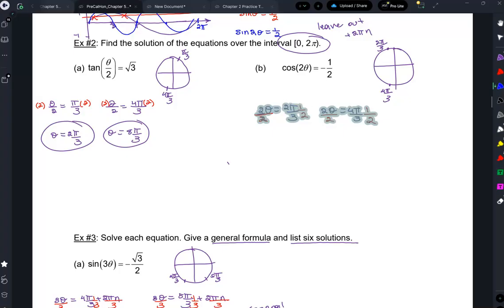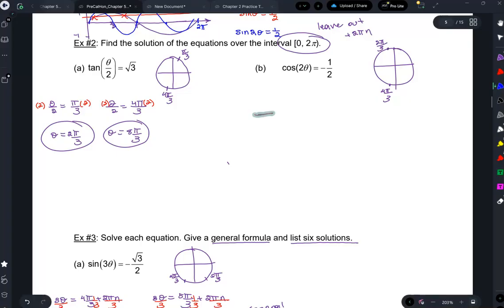Let's remind ourselves how we solve this. Here I have cosine is equal to -1/2. Cosine is equal to -1/2 when the angle is equal to what? 2 pi over 3 and 4 pi over 3, correct?